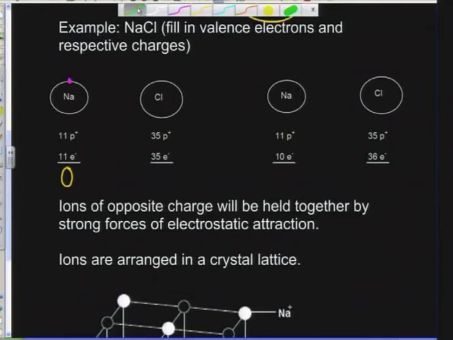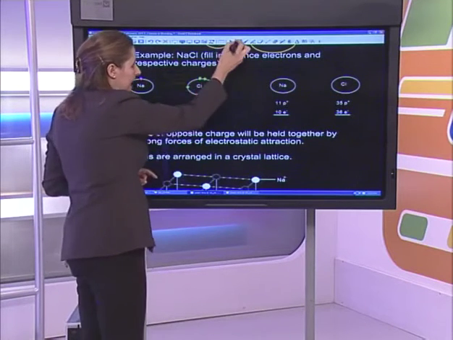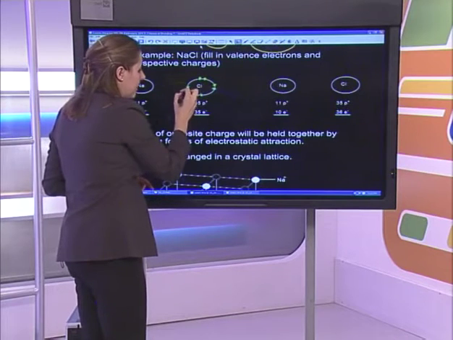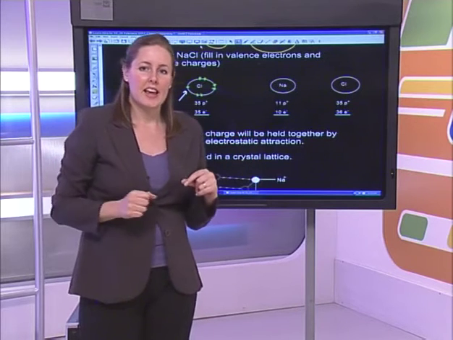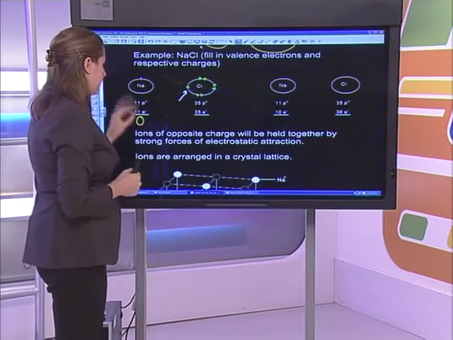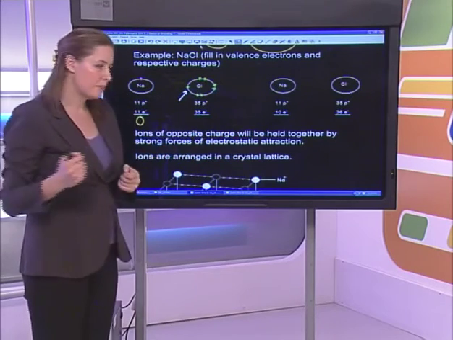So let's pick another color, and we'll go 1, 2, 3, 4, 5, 6, 7 valence electrons. Notice this has got one space or opening that is available for bonding. Okay, it's got one space, only needs one more electron to fill that outer energy level for chlorine, whereas sodium's got one to give. So what do you think is going to happen?